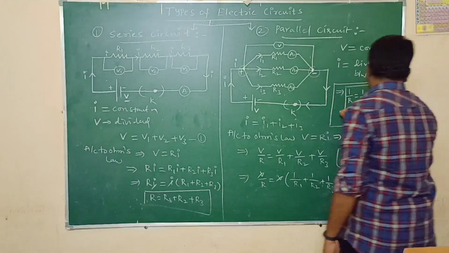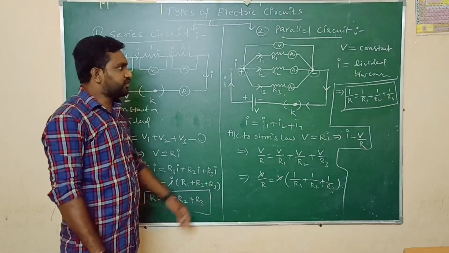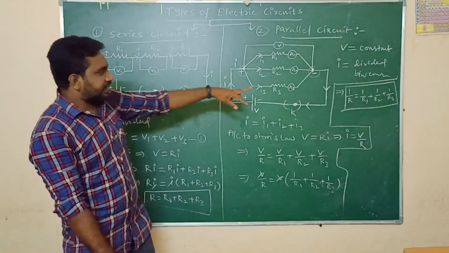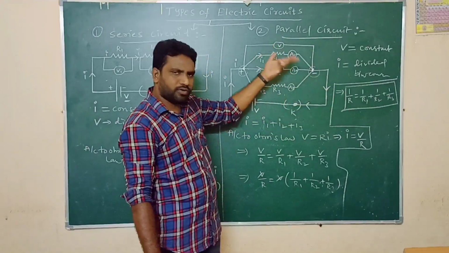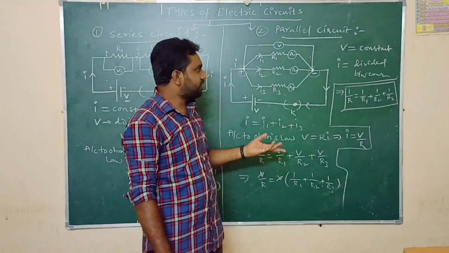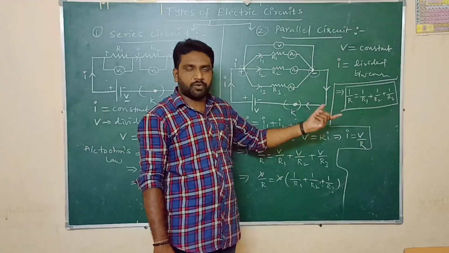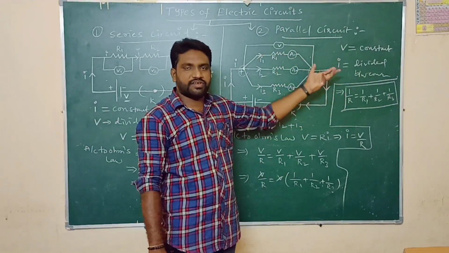This is the expression to find the effective resistance or total resistance when the resistors are connected in parallel. That is the formula to find total resistance when three or four resistors are connected in a parallel circuit. From this equation it is clear that in a parallel circuit, the reciprocal of the total resistance equals the sum of the reciprocals of the individual resistances.